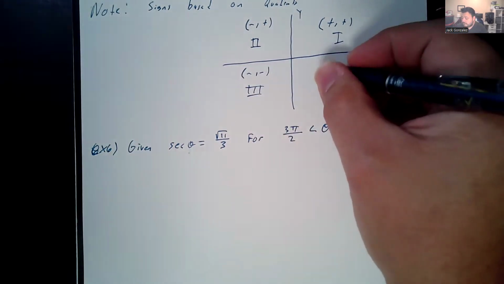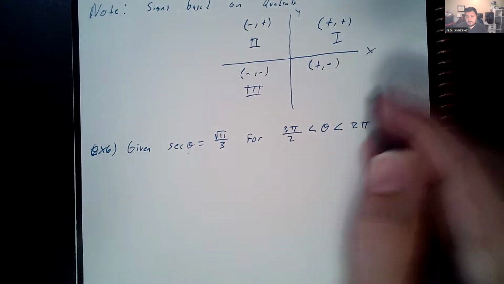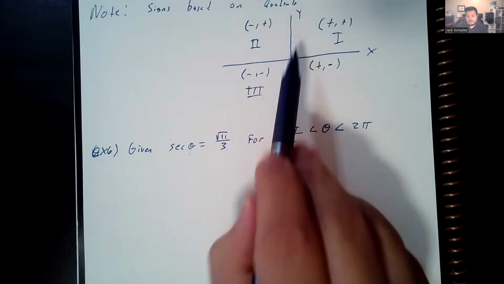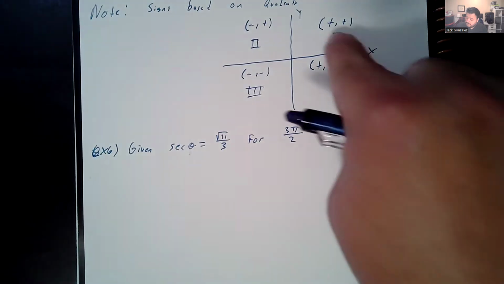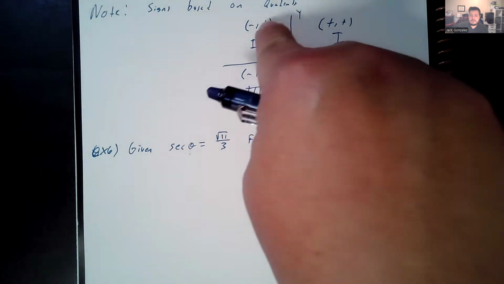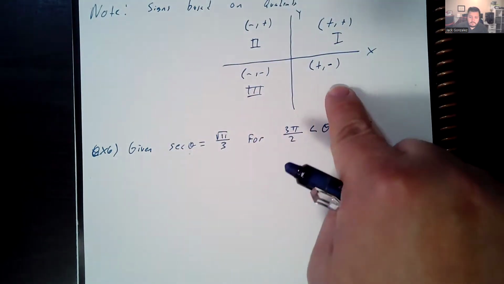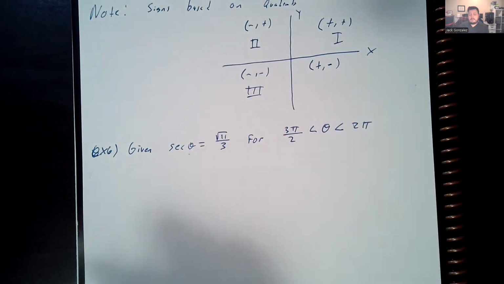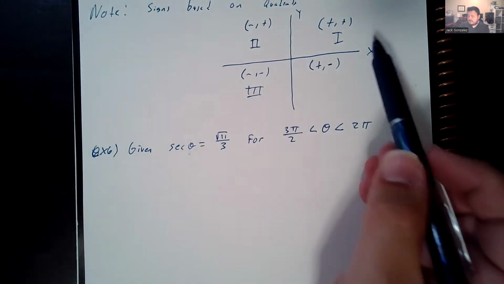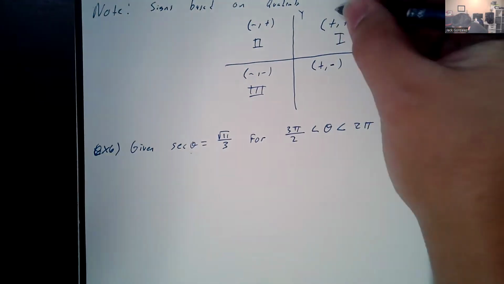If it's quadrant four, then x is positive, but y is negative. Because this is my y-axis, my x-axis. Over here, they're both above zero, they're both positive. Over here, x goes to negative. Down here, they're both negative. Down here, only the y is negative. So if you don't remember, just make this little note: x, y.